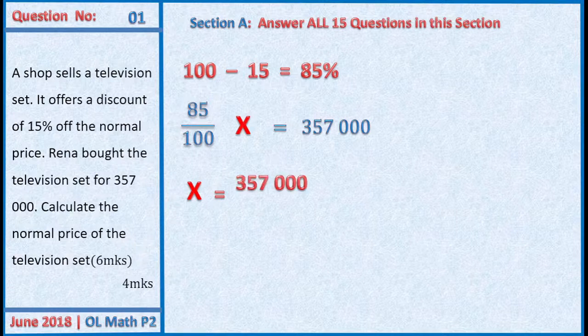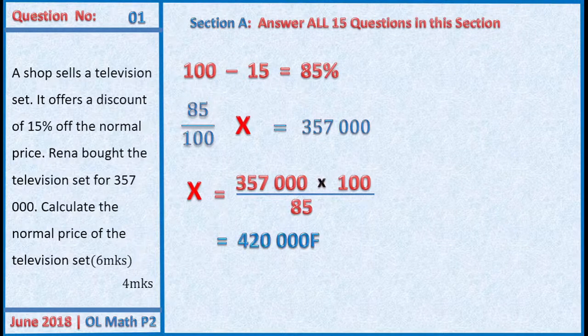So this will give us 357,000 on 85 times 100. And the result is 420,000.